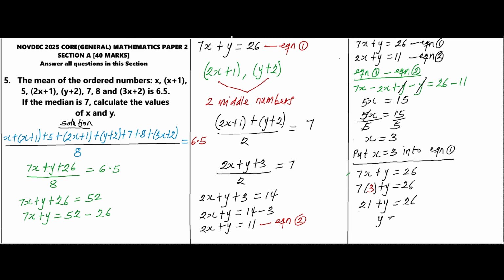So solving for y, we have y is equal to 26 minus 21. So y is equal to 5. So with this, we saw that x is equal to 3 and y is equal to 5.